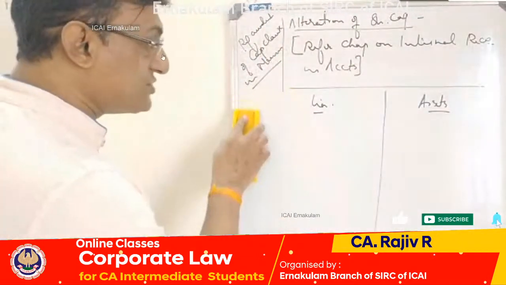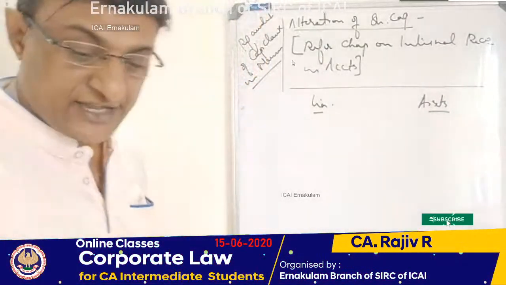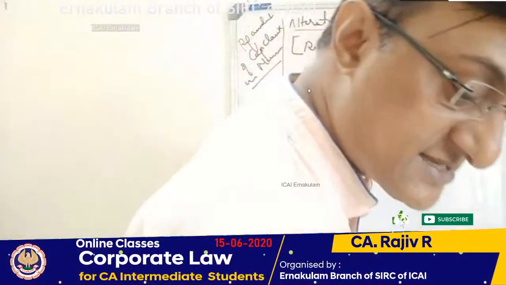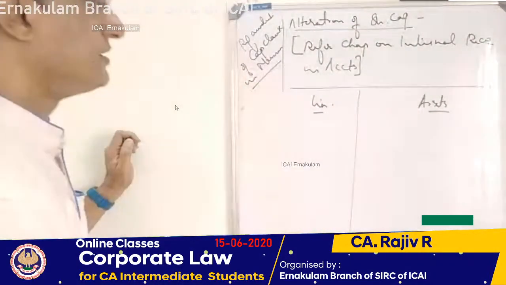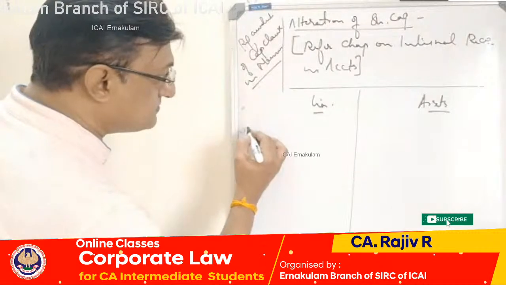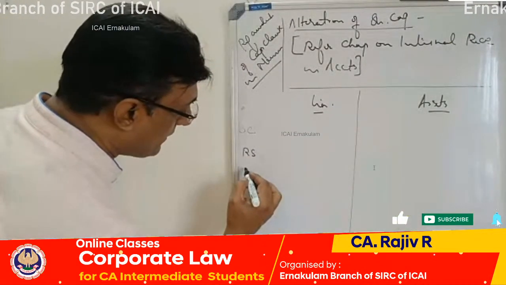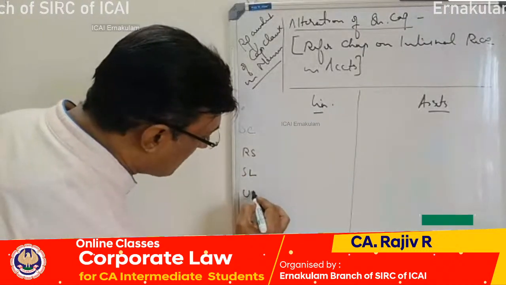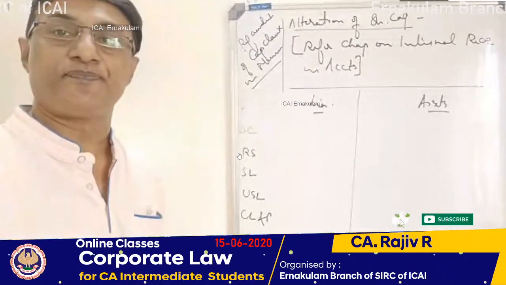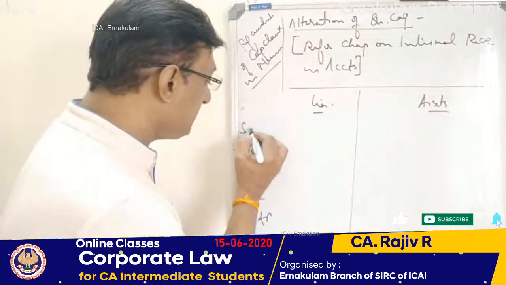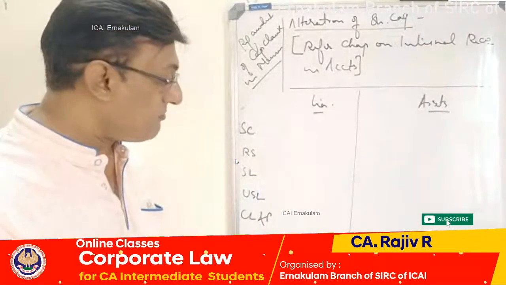I am taking a balance sheet like this in the traditional T form, the old Schedule 6, with share capital, reserves and surplus, secured loans, unsecured loans, current liabilities and provisions. This is the old Schedule 6 form.